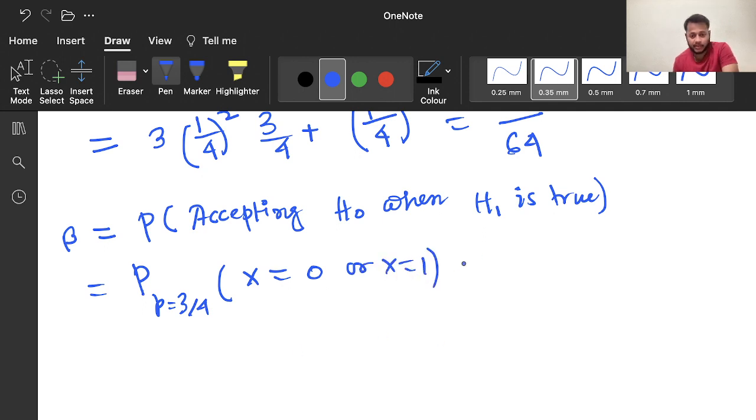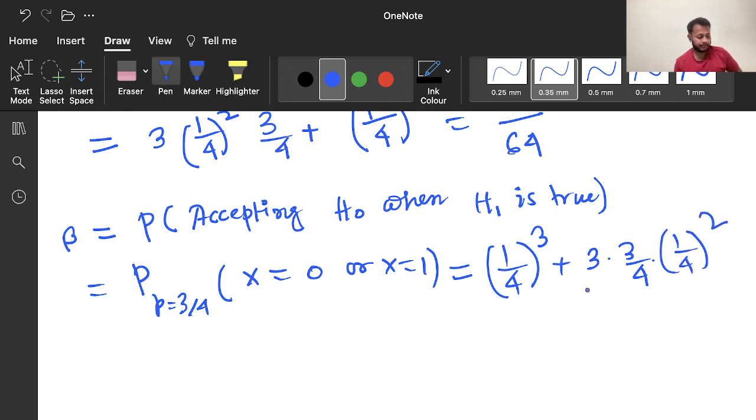The probability of x equal to 0 is (1/4) cube, that is 3 consecutive tails, and for x equal to 1 it is 3 into 3 by 4 into (1/4) square. That is again 10 by 64. So this is alpha and beta.